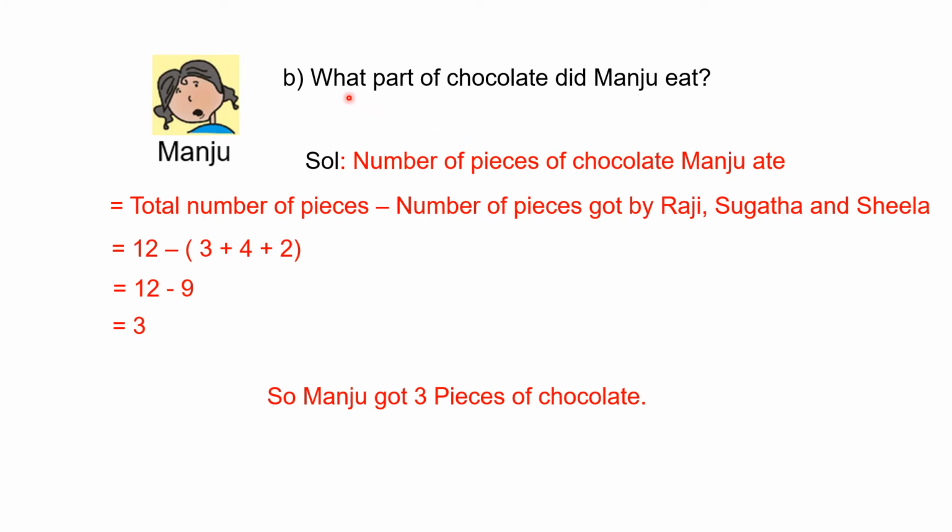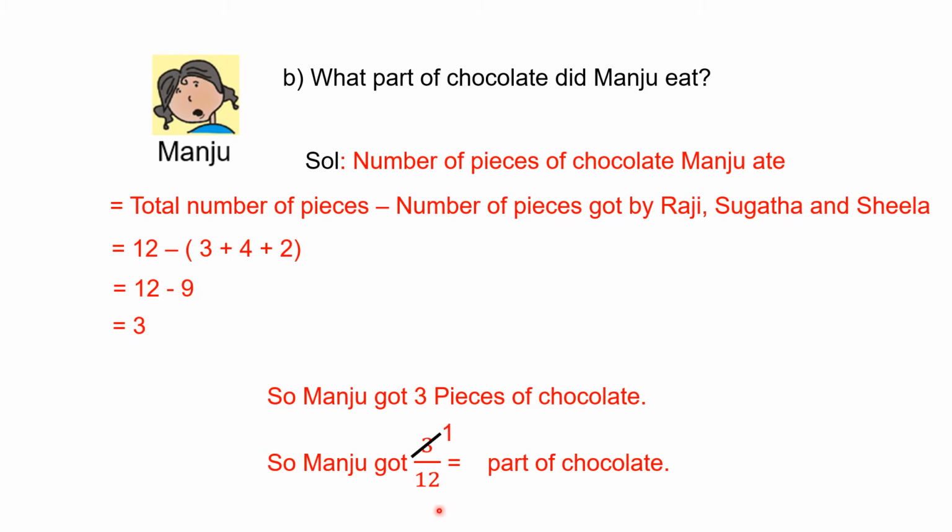But here we have to find out the part of chocolate Manju ate. So Manju got 3 by 12 part of chocolate. We can simplify this fraction. Simplification of a fraction means we have to divide the numerator and the denominator by the same number.